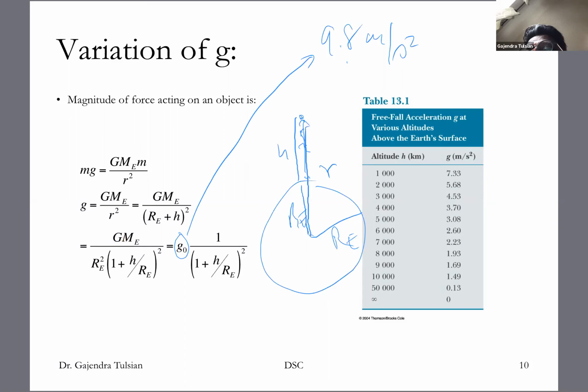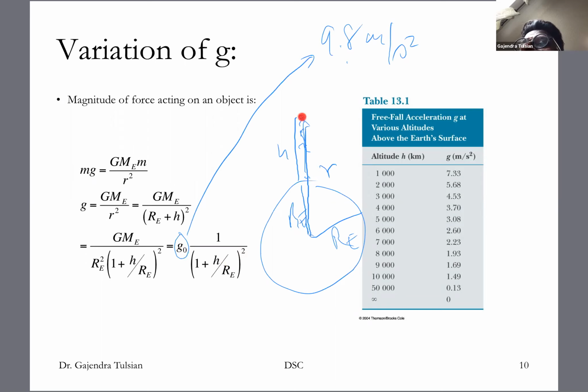And as you go higher and higher up, this term becomes greater than 1, and this term becomes less than 1. So if, for instance, you were 4,000 miles above the surface of the Earth, this would be 4,000, and that would be 4,000. So that would be 1. That would become 2. 2 squared is 4. This would be 1/4 of g naught.